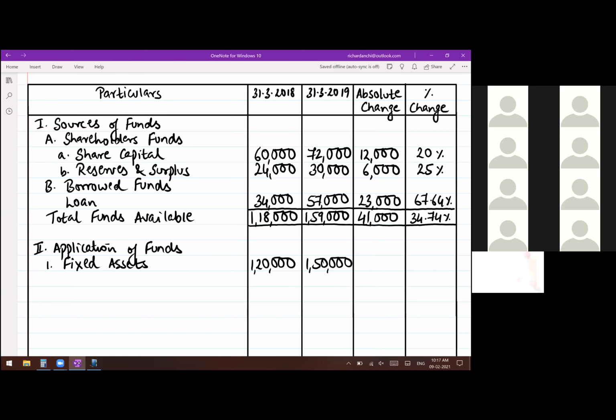Absolute change, 30,000, and in terms of percentage, 30 divided by 120. Is it 25%? Yes, sir. Okay.